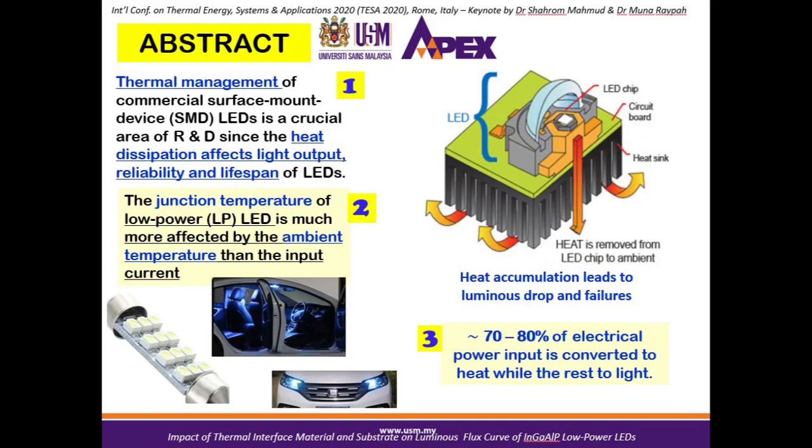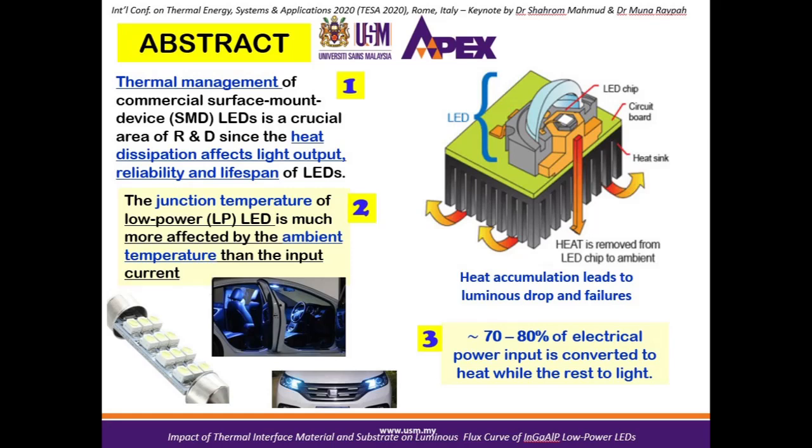Abstract. For this work, we focus on commercial low power LED, which are used a lot in the automotive industry, especially in the signal lighting and the interior of the car. From the figure there, we can see the LED chip, the white square, from which luminous light emanates and from which heat is generated.